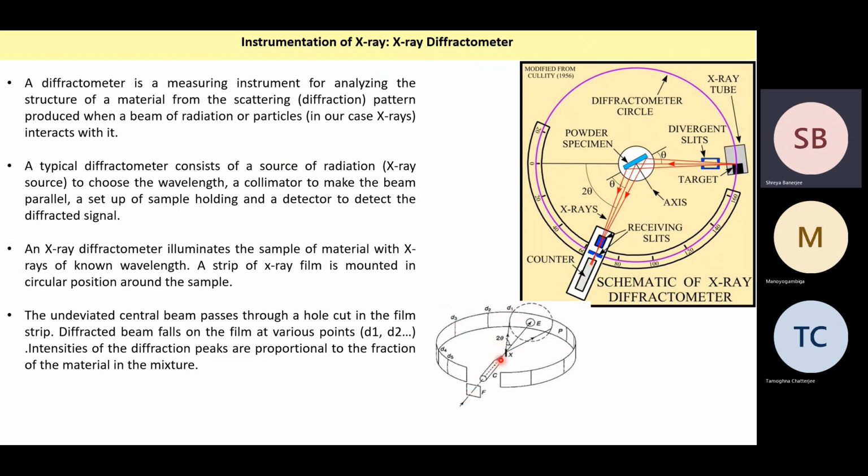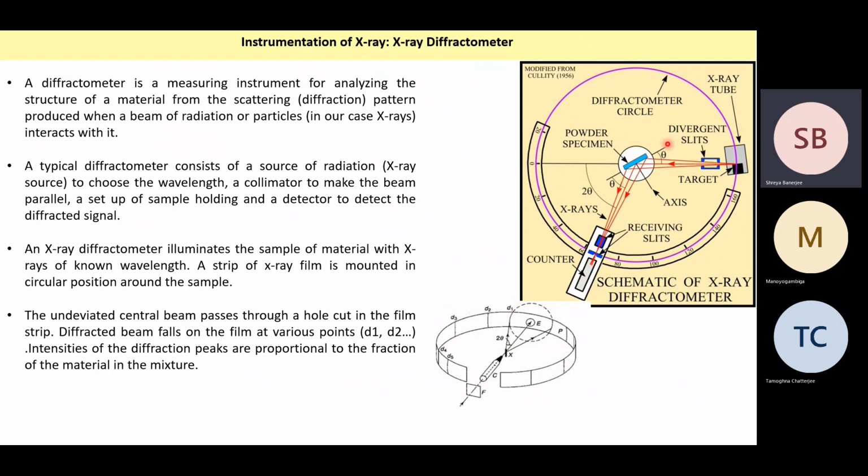Basically, the X-ray is diffracted by the atoms, and at different angles of diffraction, it will fall at different positions on the X-ray film. And the intensity of the diffraction peak is proportional to the fraction of the material in the mixture. So if you have a large concentration of atoms, then the diffracted peak will be higher.